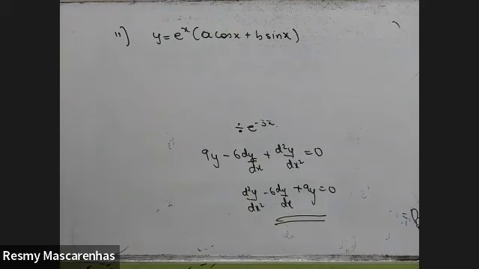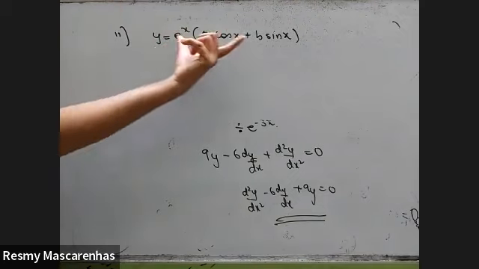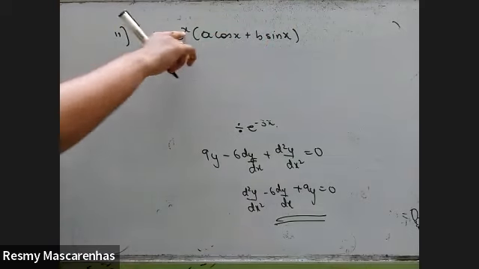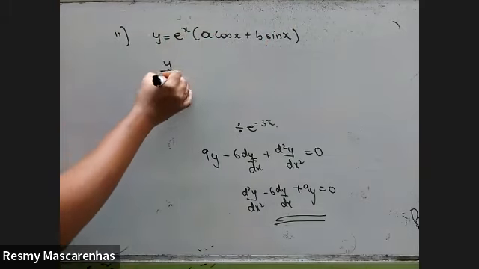You can see it is complicated here. There's u and this is v. So instead of that, take this down here.